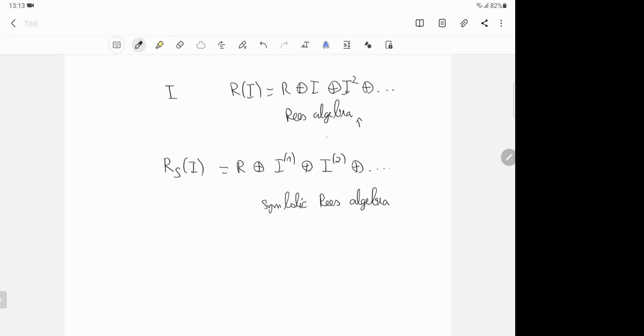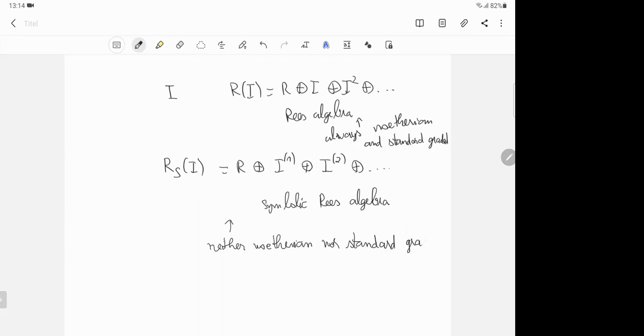So this guy is always Noetherian and standard graded, meaning that it is generated in degree 1 over R. But this guy is in general neither Noetherian nor standard graded. So you may need generators of different degrees, 1, 2, and so on.